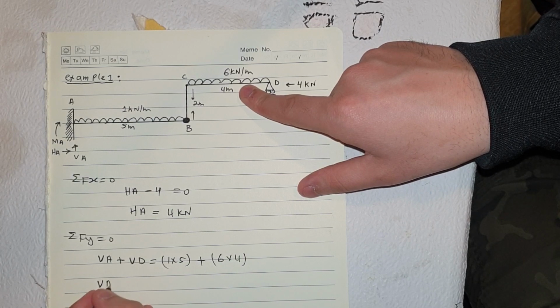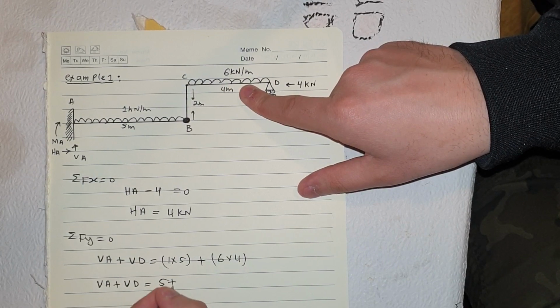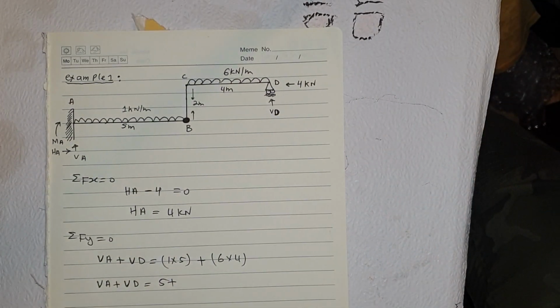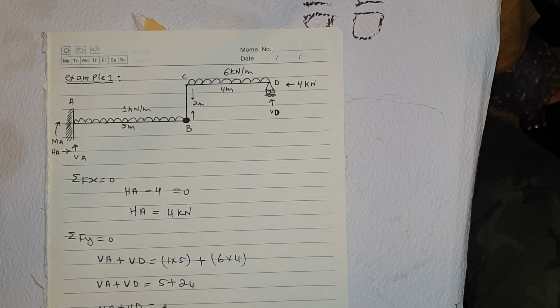So the Va plus Vd will be equal to 5 plus 6 times 4. 6 times 4 is 24. So the Va plus Vd will be equal to 29 kilonewton.